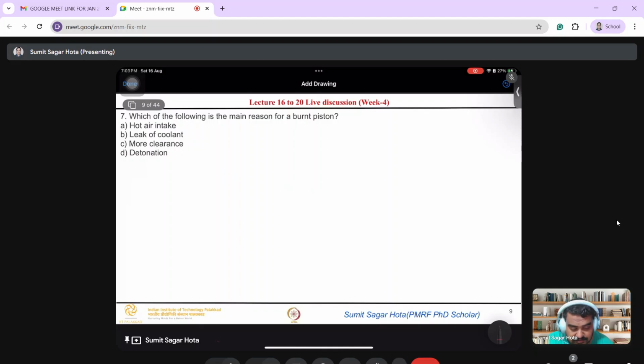Because of detonation there will be excess temperature produced by the fuels, due to which there will be chances of soot formation inside the IC engine, and due to which there will be chances of a burnt piston. That means the material of the piston is just about to come to its melting point, which is not good for the working of IC engines.